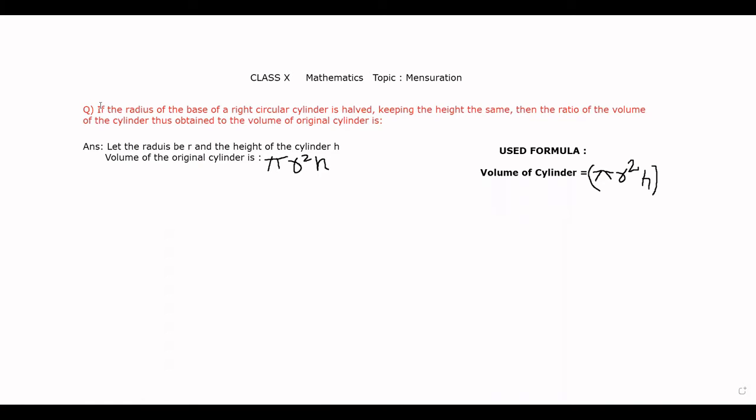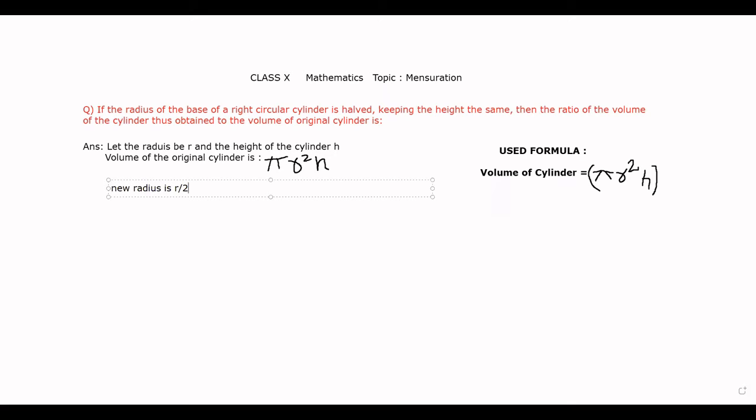Now, according to the question, what is happening in the second case? The radius of the base of the right circular cylinder is halved, so the radius becomes half of the original radius. What was the original radius? It was r. So according to the question, the new radius is half of the original, so it is r by 2.